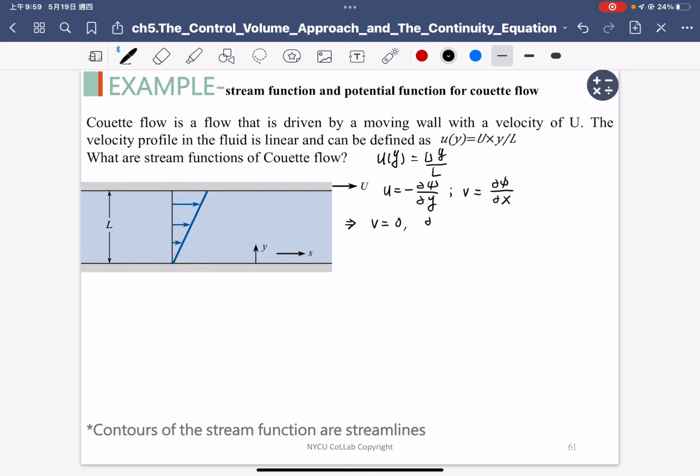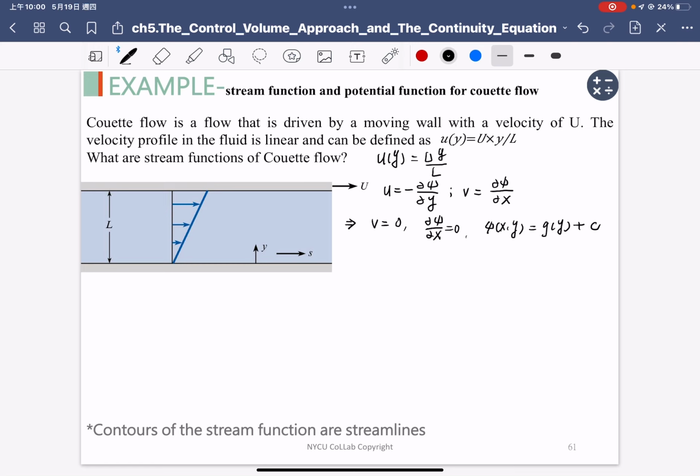So maybe the psi function of x and y is a g(y) function plus one constant. Because the g(y) function differentiated with x is equal to 0, and the constant value also has a differential value of 0.